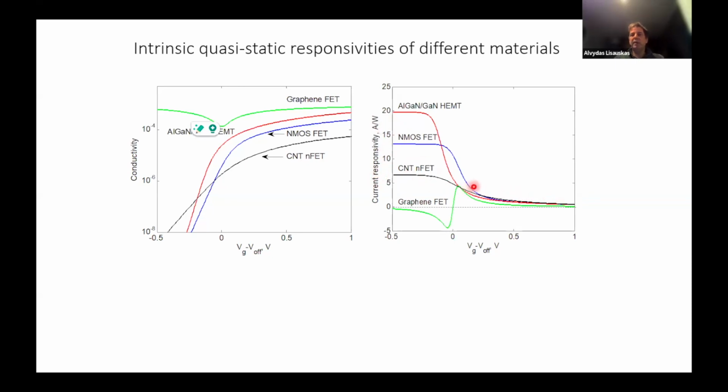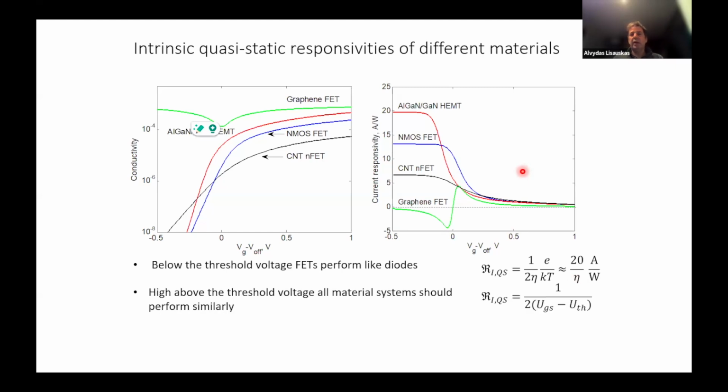So they all operate like diodes, with the very same analysis that was applied to diodes. Actually, it doesn't matter now whether we have plasma waves or not. It brings very similar performance at quasi-statics here, to 20 amps per watt divided by the non-ideality factor. So it is only the non-ideality factor of the characteristics that would make a slight difference between devices.